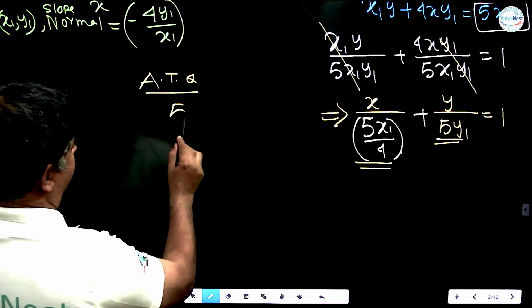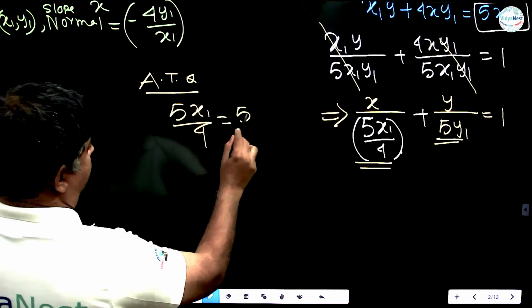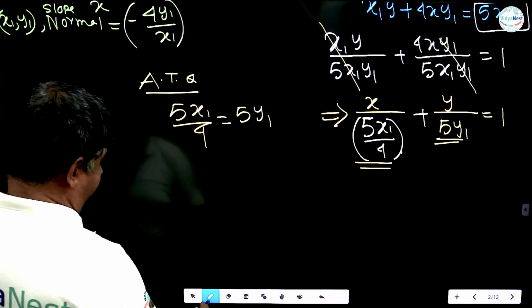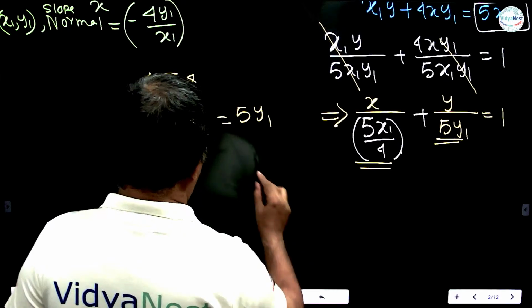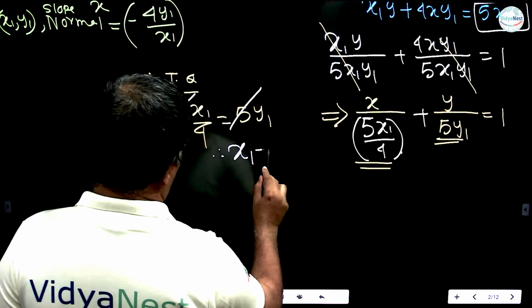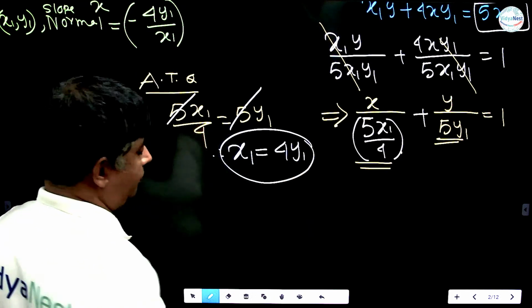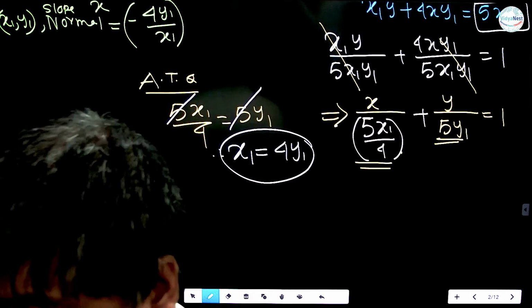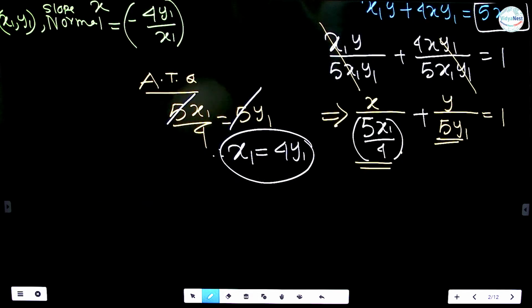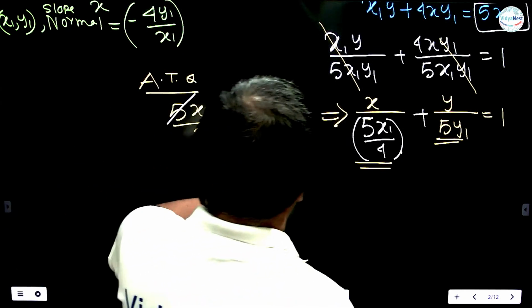So 5x1 by 4 is equal to 5y1. x1 is equal to 4y1. Now, what is the use of this result?